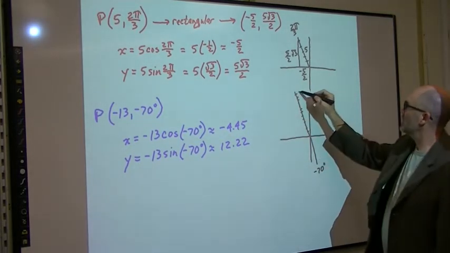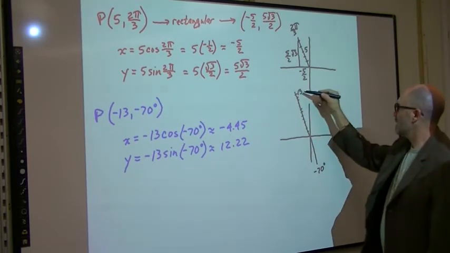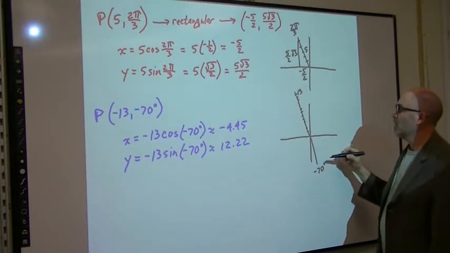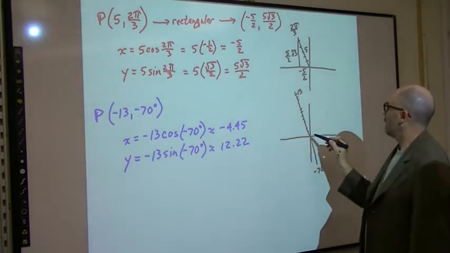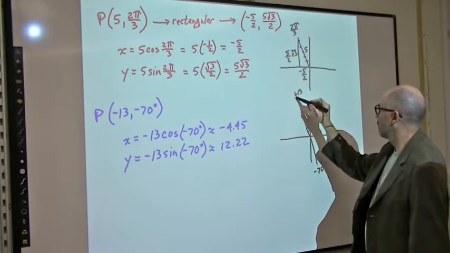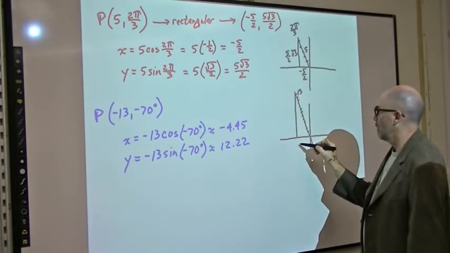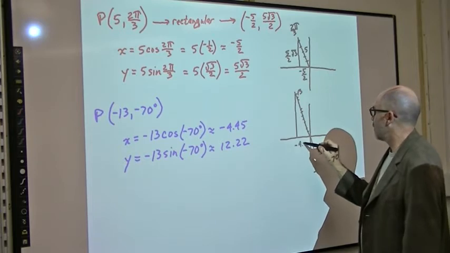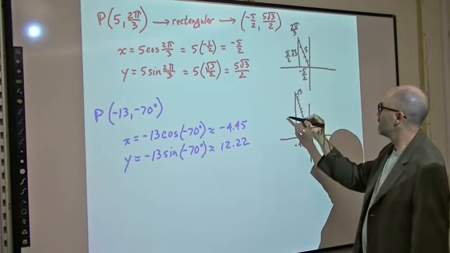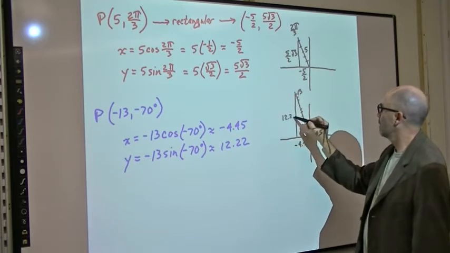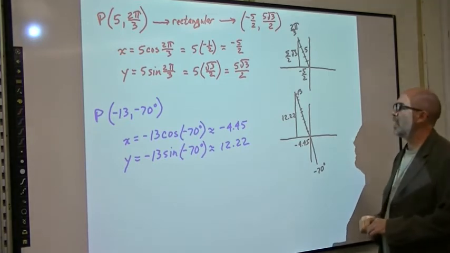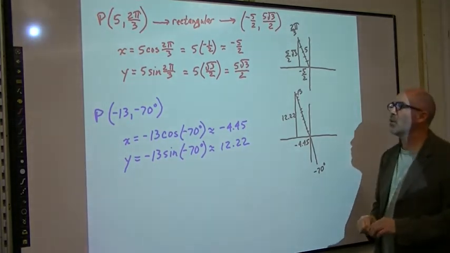Okay, there's 13 up here, 13 away from the negative 70. So that says that we're negative 4.45, meaning 4.45 to the left, and then 12.22 up. So that's reasonable.